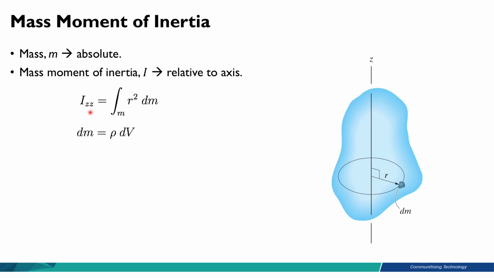The mass moment of inertia about the z-axis, I_zz, is given by the integration of r squared dm, where dm is the change of mass, equal to the density of the rigid body multiplied with the change of volume.